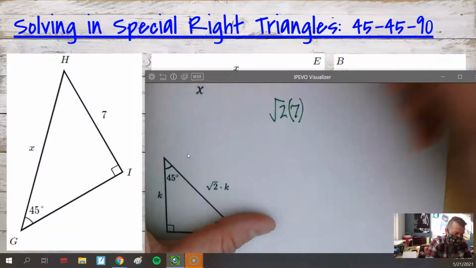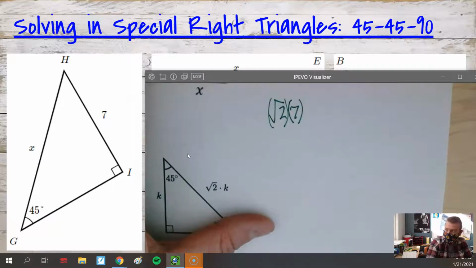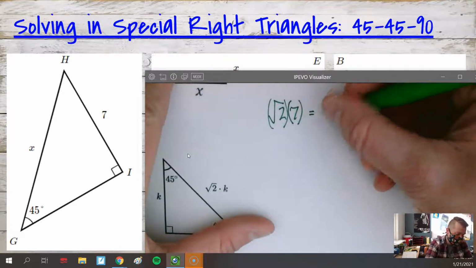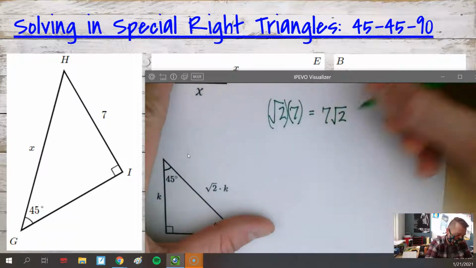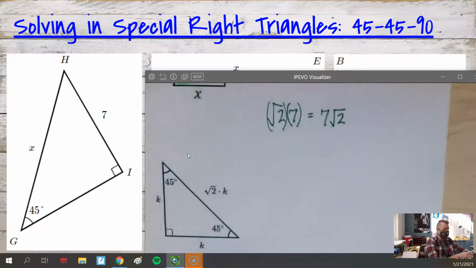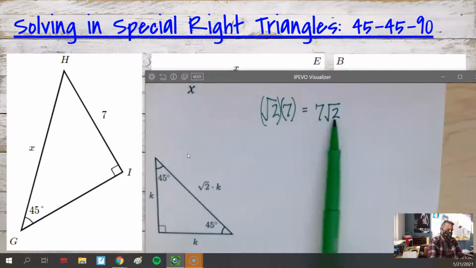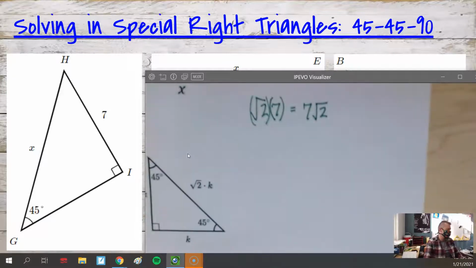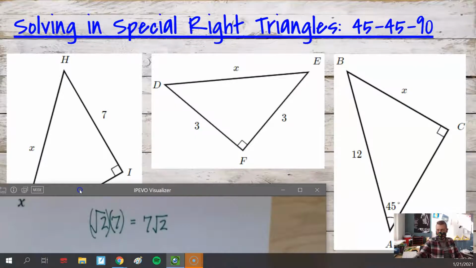So the correct way to write this is the first way I told you guys. But if you insist on writing radical 2 times 7, I would just put things in parentheses. Questions?